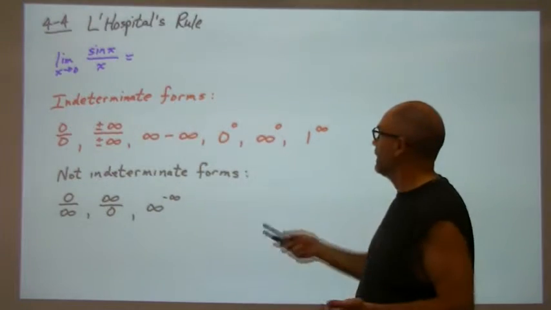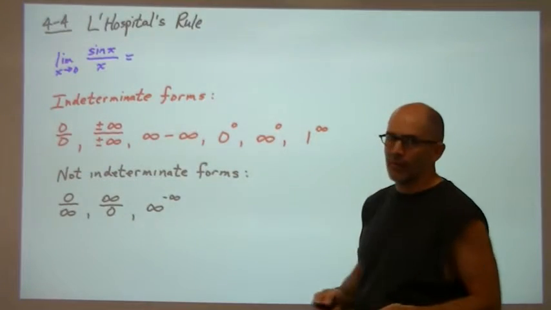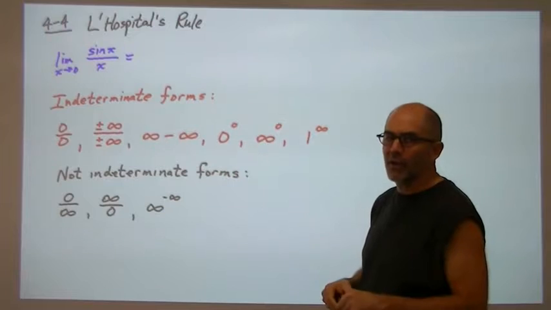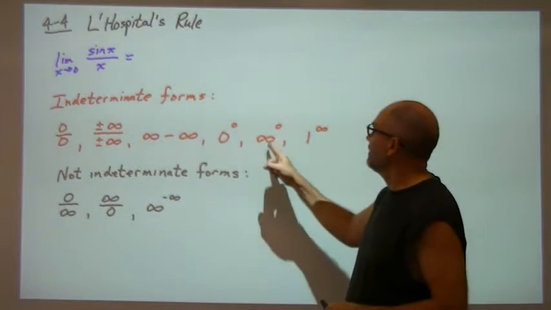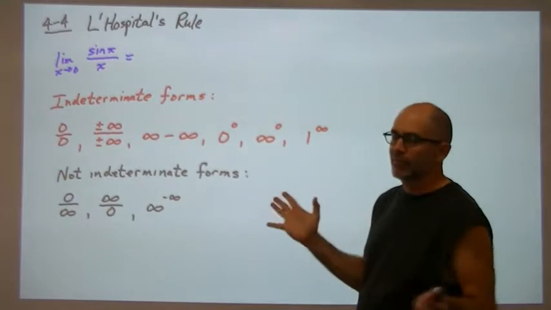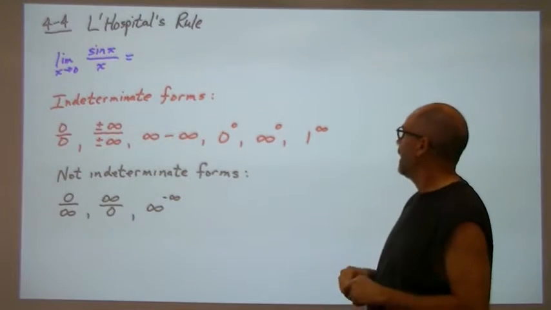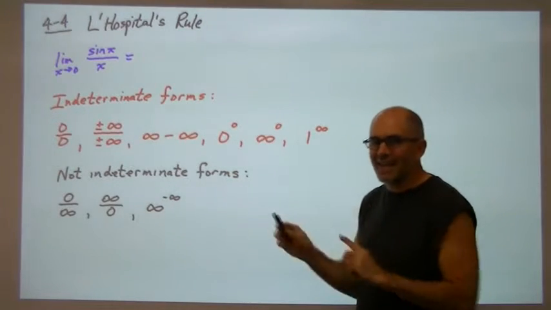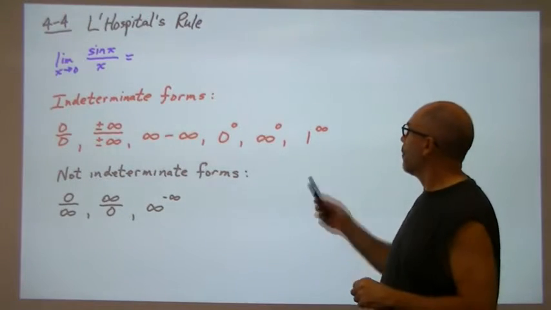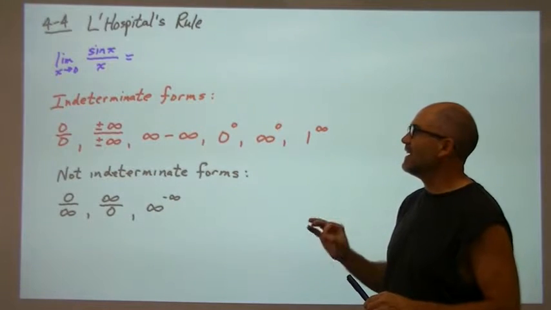That's indeterminate. Infinity to the 0, that's indeterminate also. Now, a large number to the 0 would be 1, but infinity to the 0, we don't know. Now, this last one is a really strange one. You think 1 to any power should be 1. Well, 1 to the infinity is indeterminate.